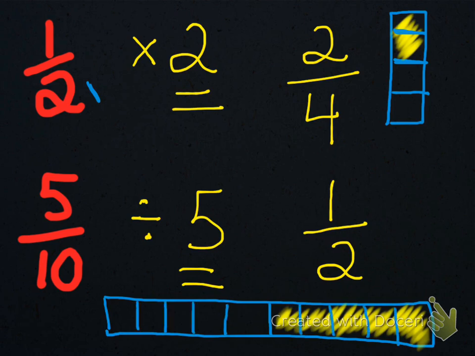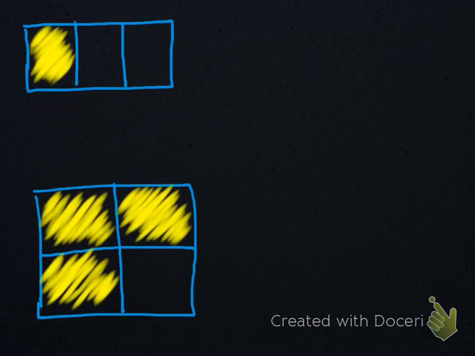Now I've split the rectangle into 10 equal parts. I know my middle one's a little bit bigger, but I'm drawing this freehand. Obviously, you want your parts to be equal. I still have the same amount shaded, but now it's 5 parts that are shaded out of a total of 10. So that shows you how 5/10 is equal to 1/2. They are equivalent fractions.